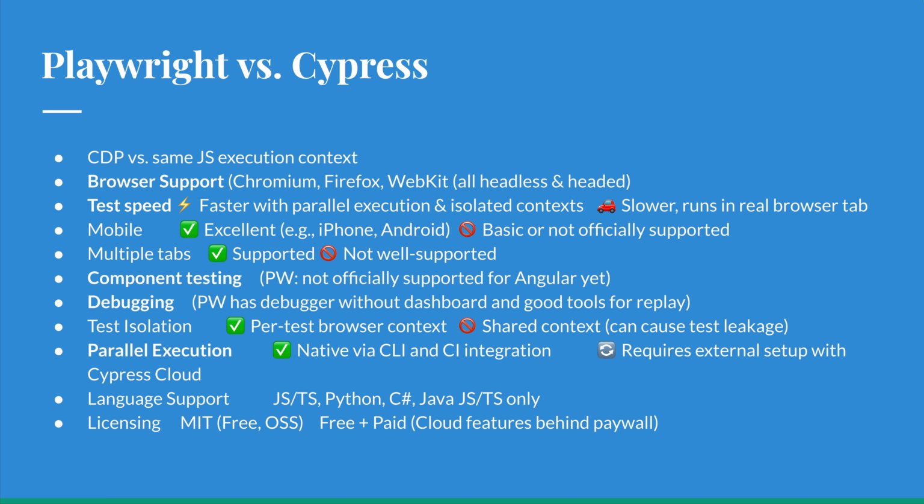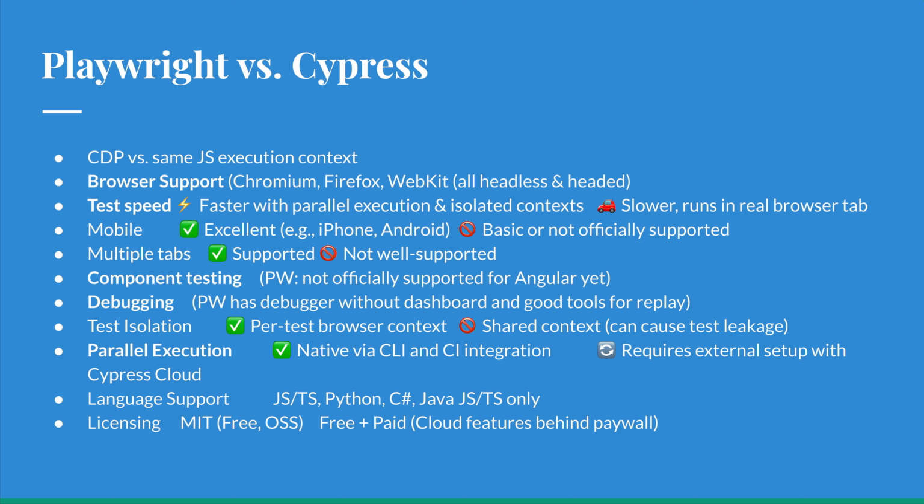Cypress is running as a Node application using Chrome DevTools Protocol to interact with, for example, the Chrome browser. And Cypress is running inside of the app's JavaScript execution context, and that's how it controls the browser basically.